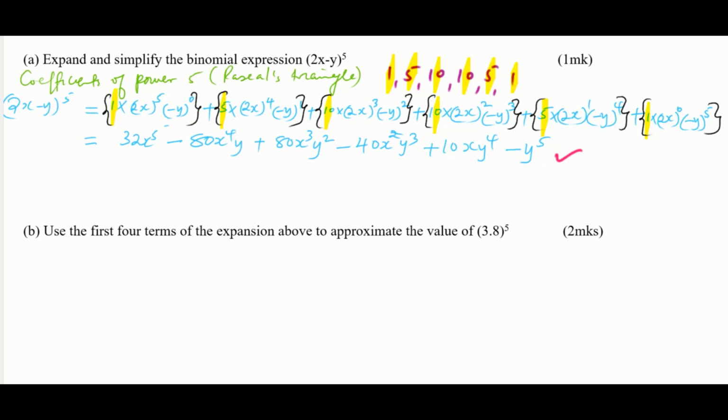Now let's go to the second part of the question. Use the first four terms of the expansion above to approximate the value of 3.8 to the power 5. So which are these? The first four terms.